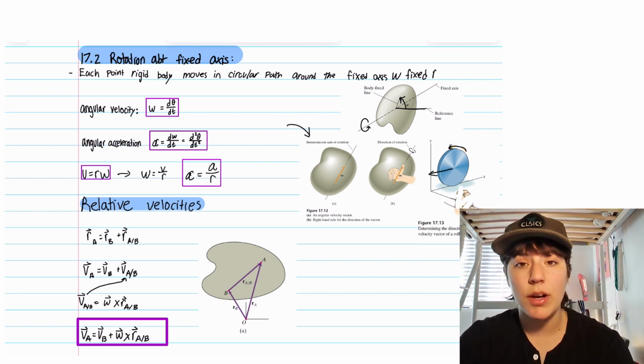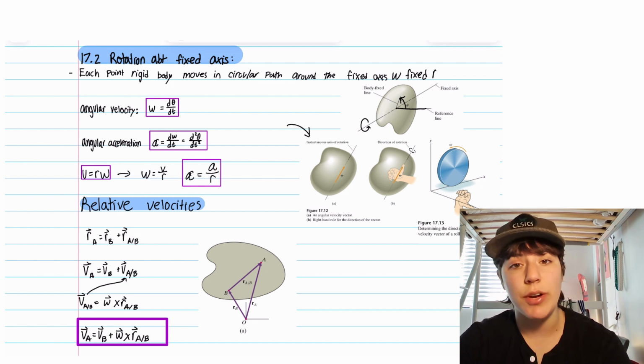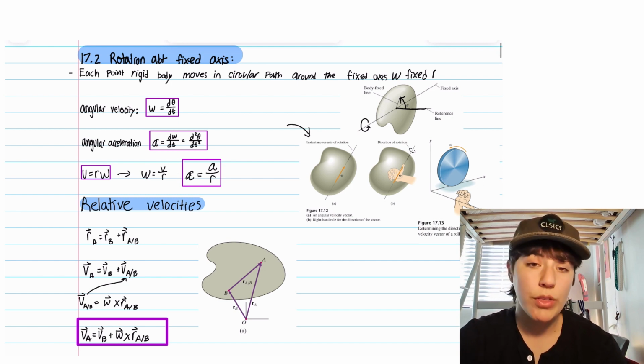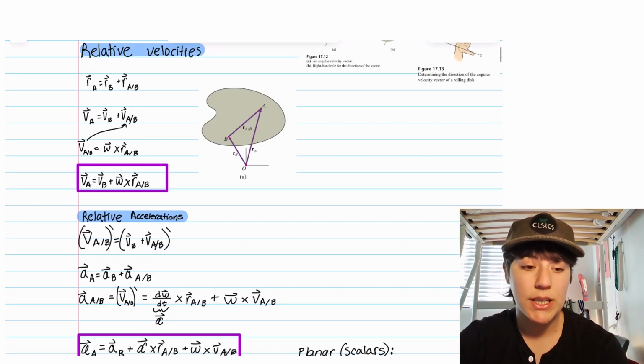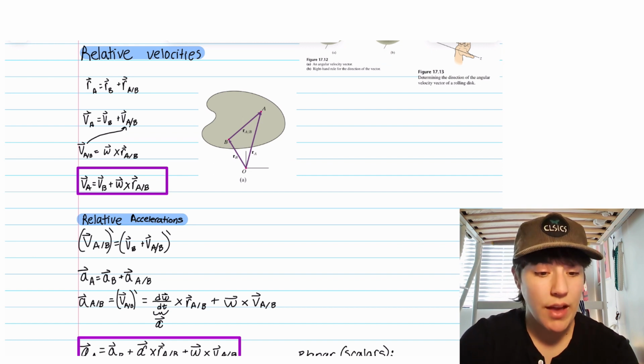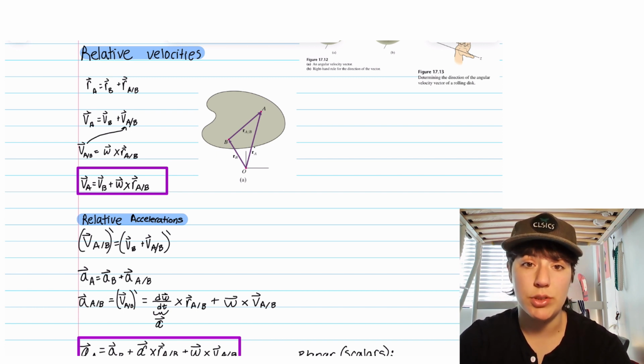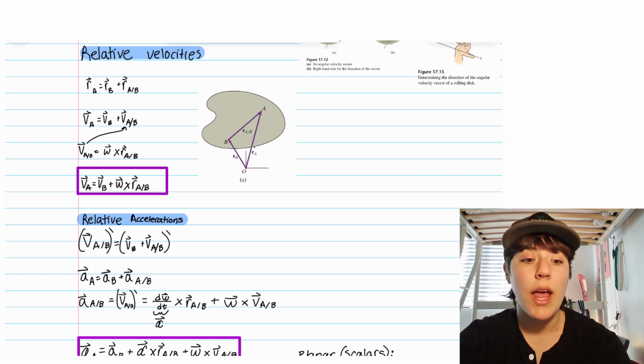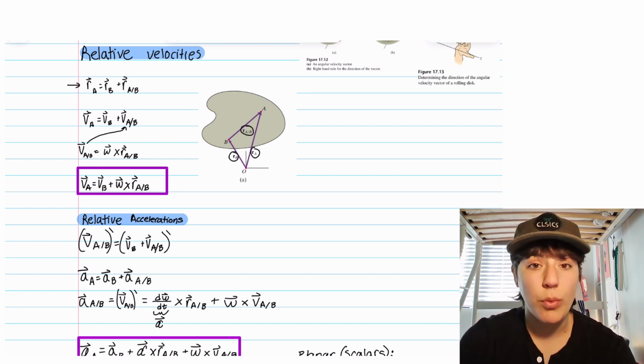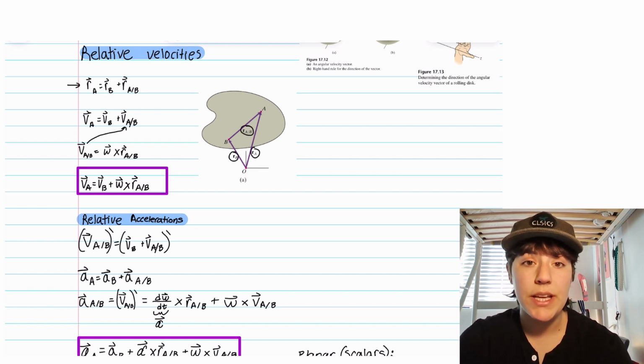So now we're going to be talking about velocities and accelerations of points on a rigid body with respect to other points on a rigid body. So let's consider points A and B on this rigid body relative to a fixed origin point O. If we know where A is relative to this fixed origin point, and we know where A is relative to this other point, we can find out where B is relative to the fixed origin point.